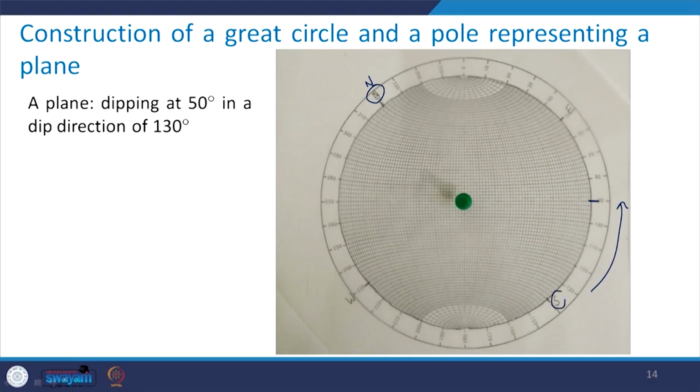This is north, south, east and west. I have rotated it in such a manner that the 130 degree mark is now coinciding with this mark of 90 degree to 70 degree. That means it is lying on the west east axis.